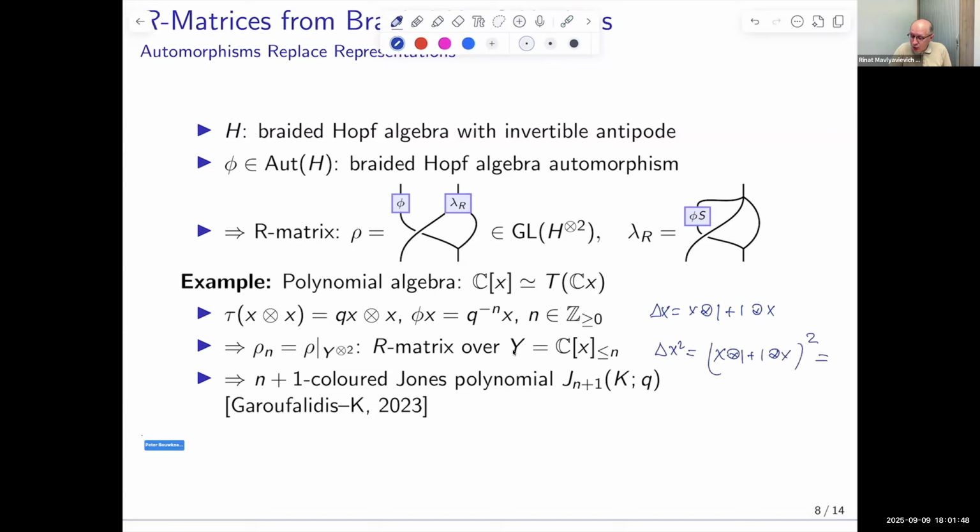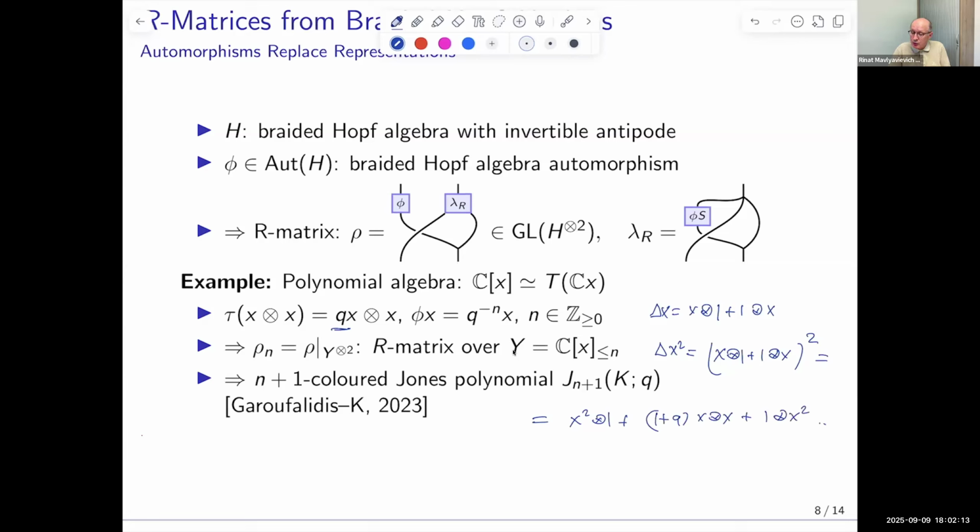But you should be careful with braiding, because in the braided world, while passing one x through another x, you should use multiplicative factors like here, and in particular for x squared you will have 1 plus q, x tensor x, plus 1 tensor x squared, and so on.